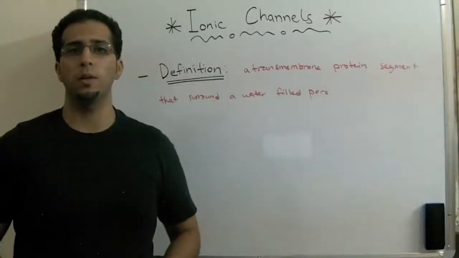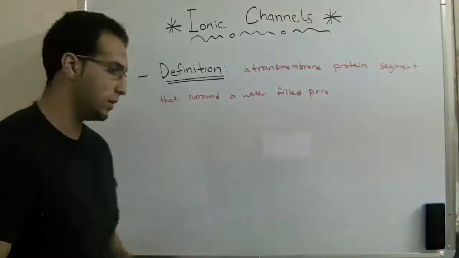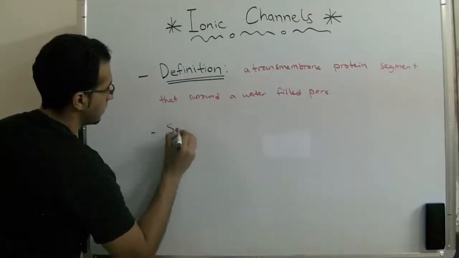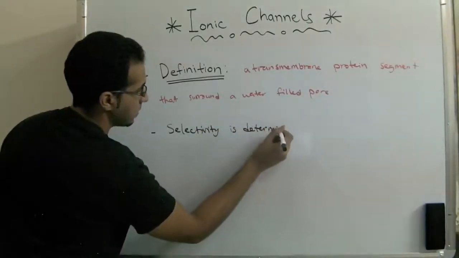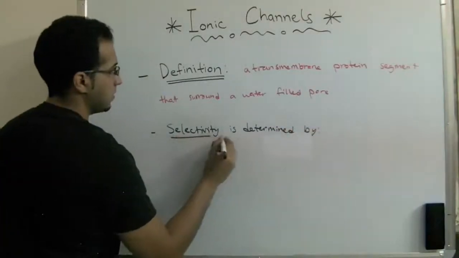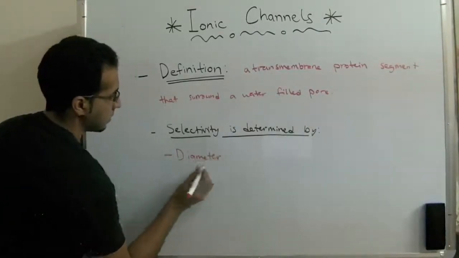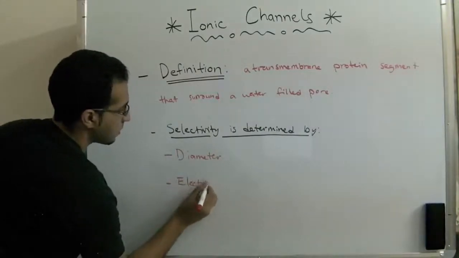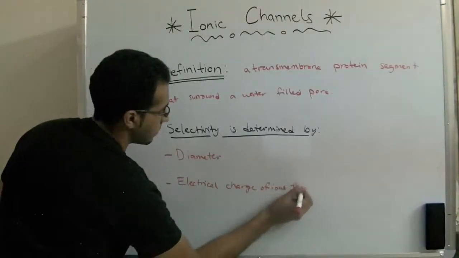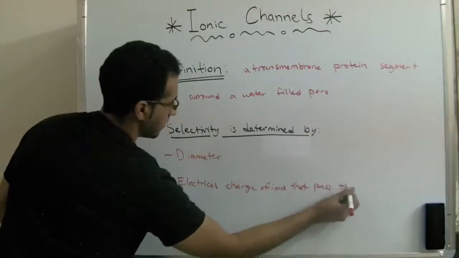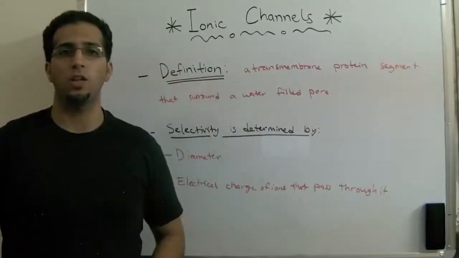Their selectivity is determined by two different criteria: by the diameter and the electrical charge of the ions that pass through it. So this was the definition of the ionic channels.